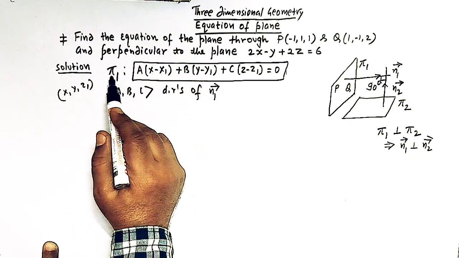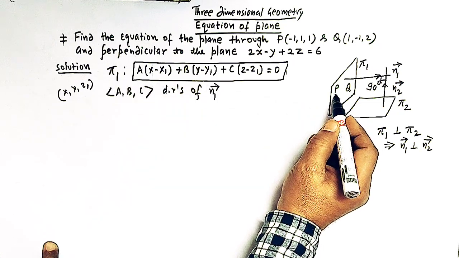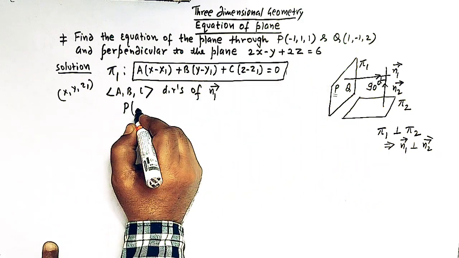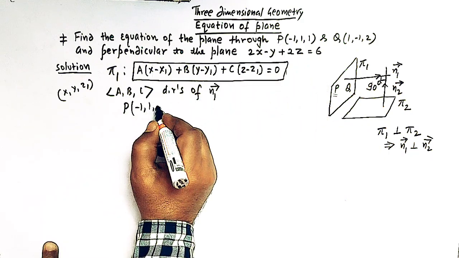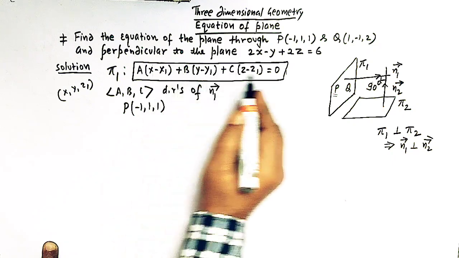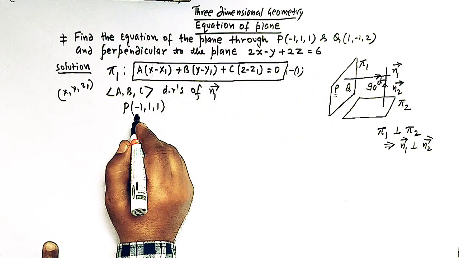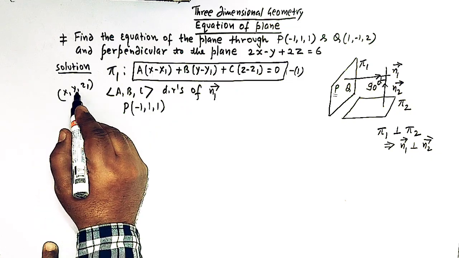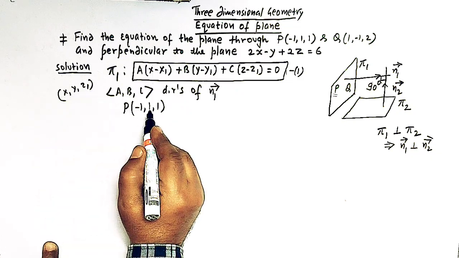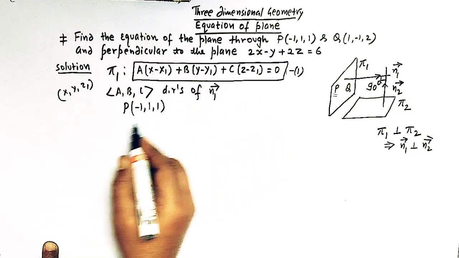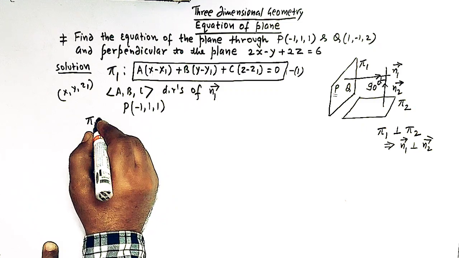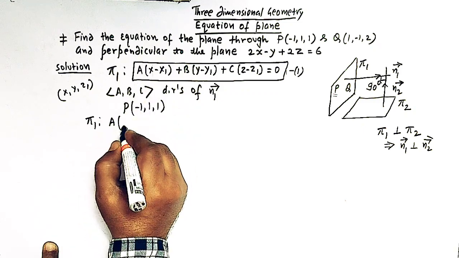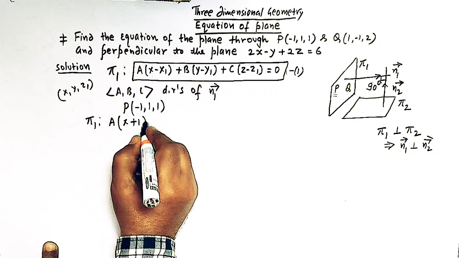So now this plane pi 1 contains this point P, right? And the point P has the coordinates -1, 1 and 1. So this equation must satisfy this point, right? So taking x1, y1, z1 as -1, 1, 1, in this equation, the equation of the plane pi 1 may be written as a(x + 1).